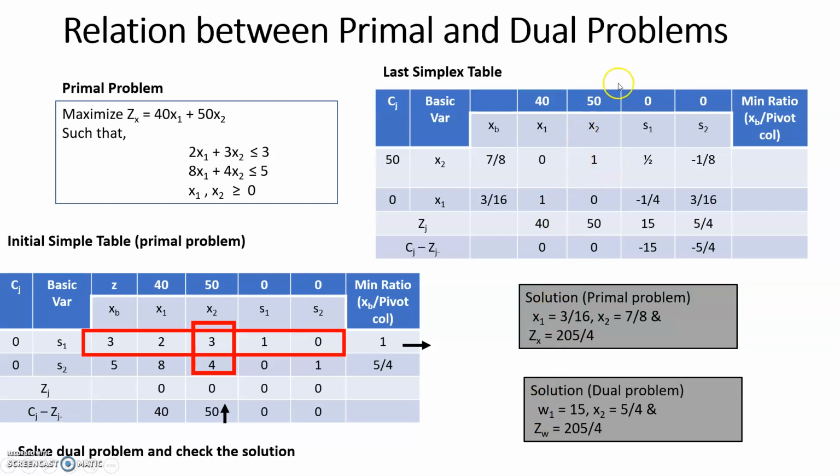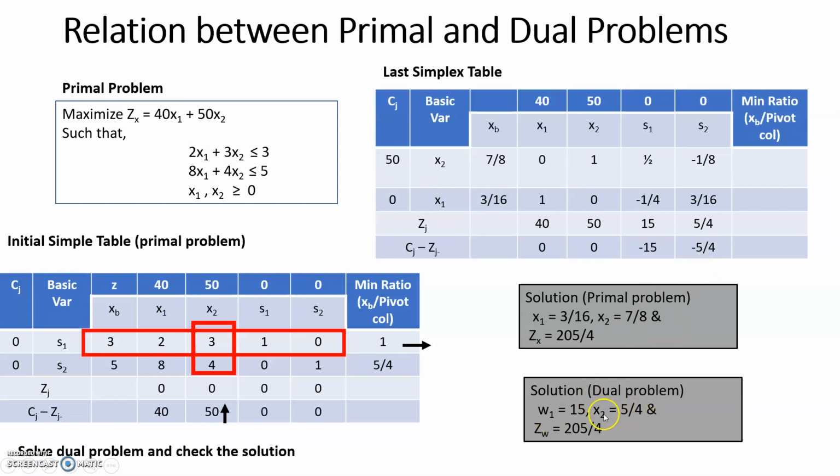Now at the end of the decision variables, the first slack or surplus variable gives us the value of the first dual variable, and just ignore the sign. Here 15 is w1 and 5 by 4 is w2.